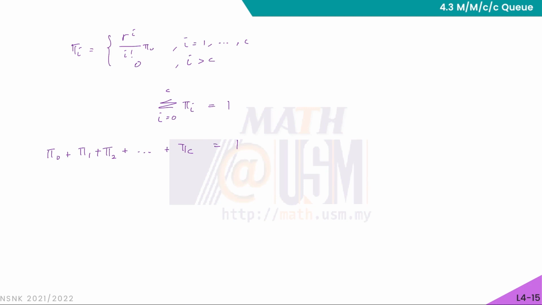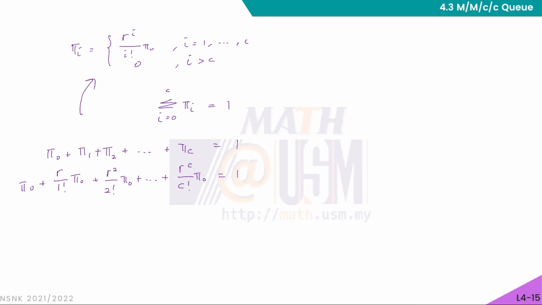Substituting the value of pi 1 until pi C by using this formula, you will get pi naught plus R over 1 factorial pi naught plus R squared over 2 factorial pi naught, up until R to the power of C over C factorial pi naught equals to 1.